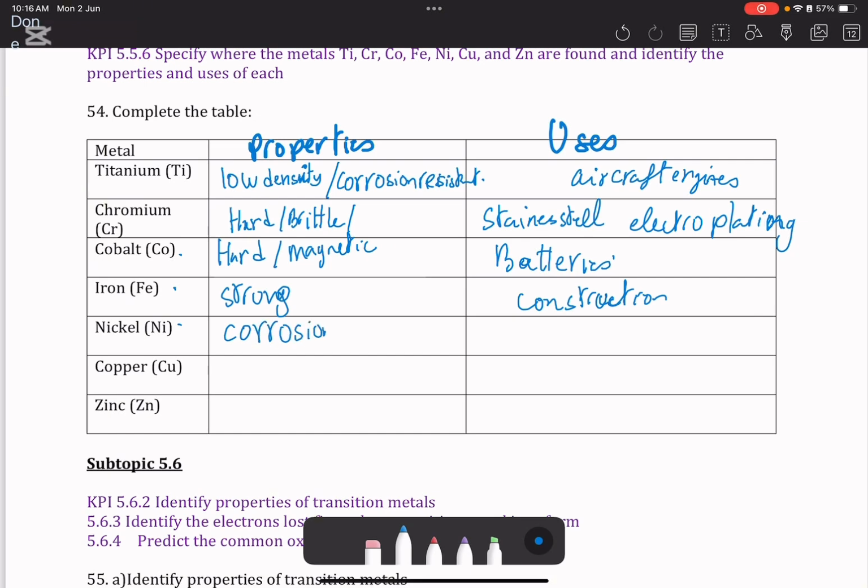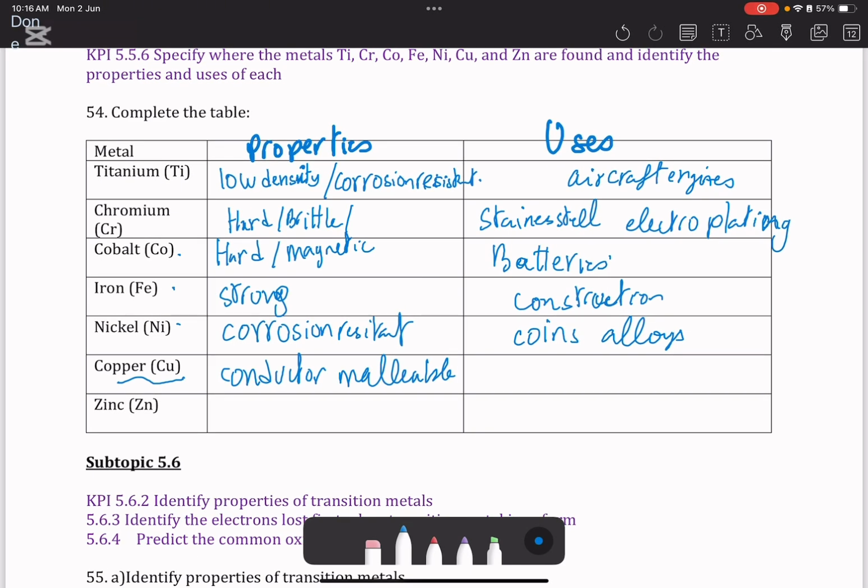So corrosion resistant and, as I said, magnetic, and we use it usually in coins and mixed with metals to form alloys. Copper, the best conductor. It's a good conductor, it's malleable, it has a red-brown color, it's used in wires for electrical conductivity.